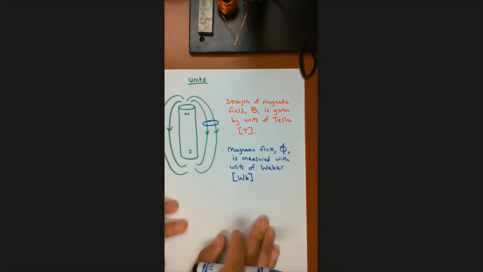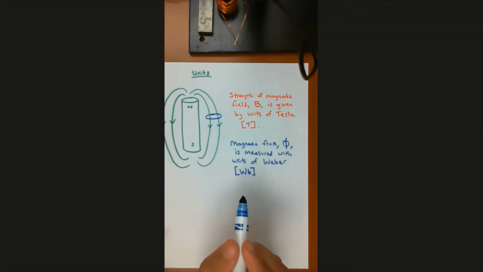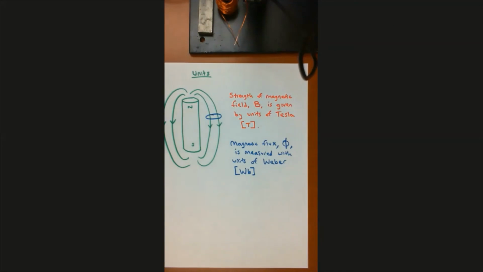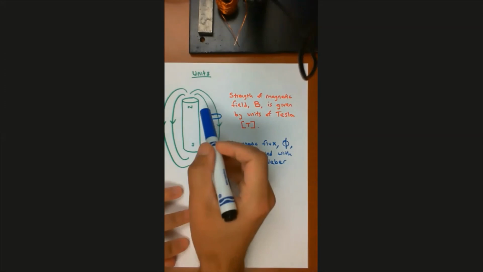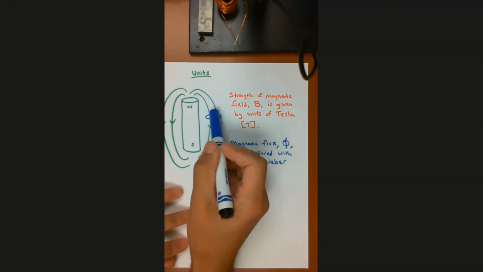All right. So the strength of the magnetic field at a certain point is measured by units of Tesla, and the magnetic flux, which is the amount of magnetic field going through a certain area, is measured in units of Webers.